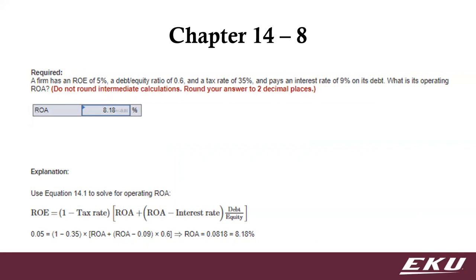And then this is the relationship between ROE and ROA, so return on equity versus return on assets. I know there's a bit of algebra in there, but you can see that the ROA is higher there.